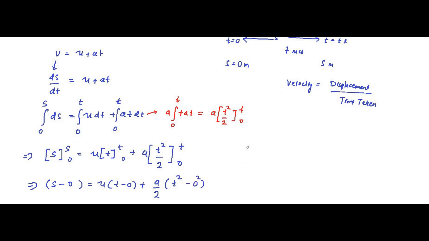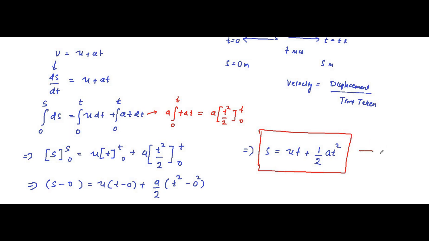So this becomes s is equal to ut plus half at square, which is the second equation of motion.